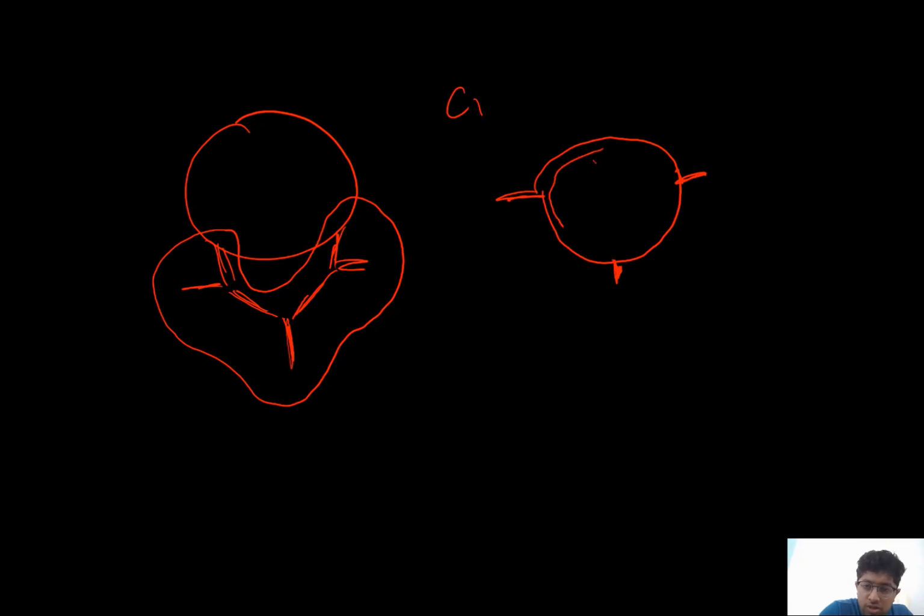Now in case of the C1 vertebral body, what difference that we see is there is a dorsal arch and there is also a ventral arch. So there is a dorsal arch, there is a ventral arch, there is a transverse process, there is a small spinous process, but there is no vertebral body. So it is a large structure.